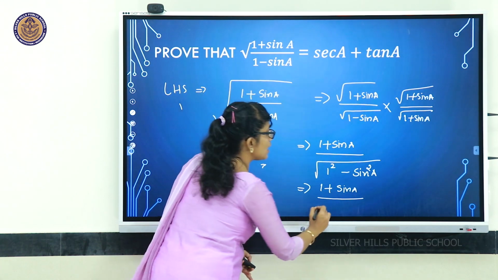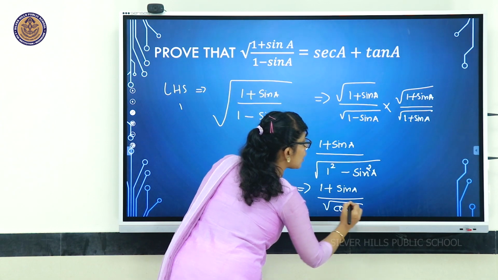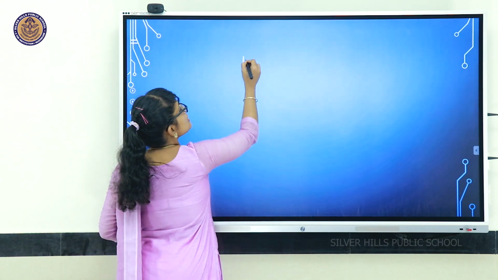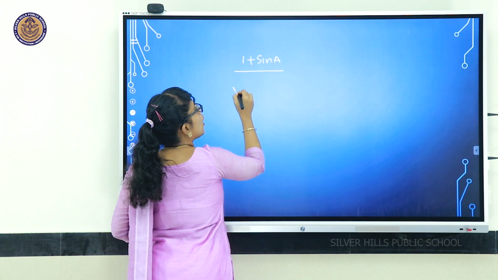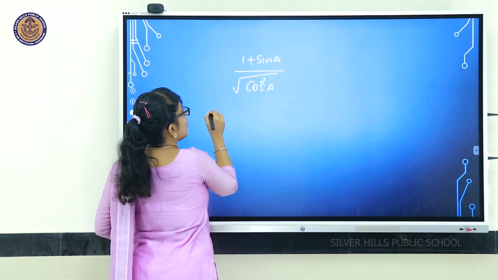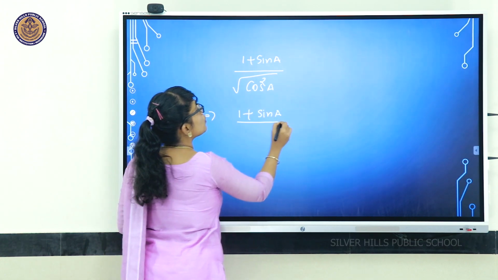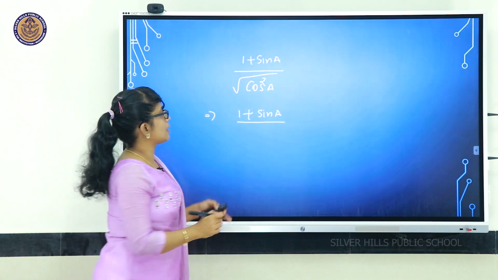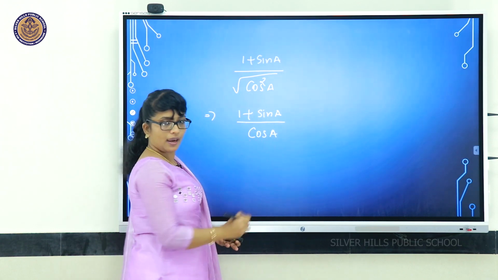Cos square A. So you can write root of cos square A. Root of A square equals A, the same as root of cos square A equals cos A.